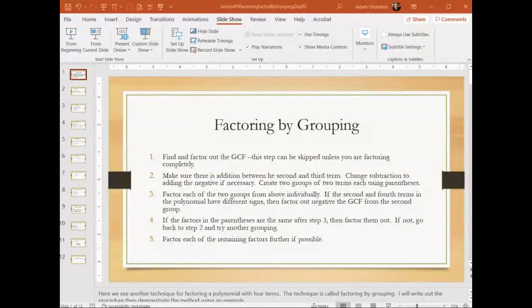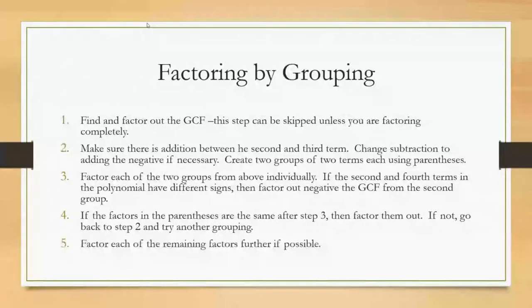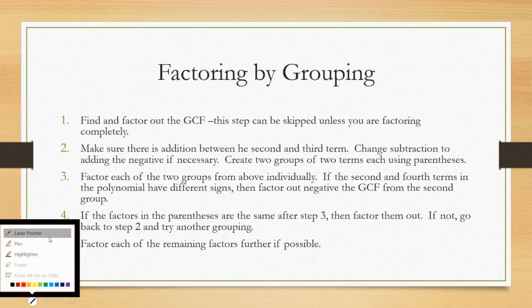Okay, so for factor by grouping, I did go through this last time. Now, this came up in the other class: unless you're factoring completely, you really can skip the first step, factoring out the GCF.